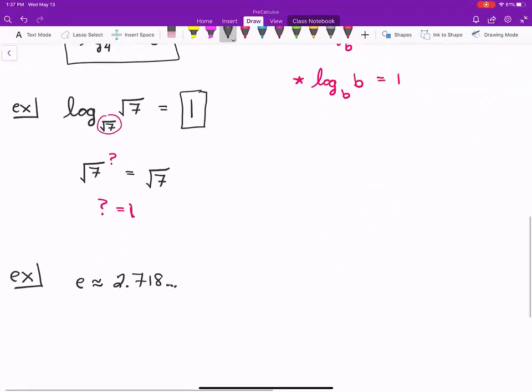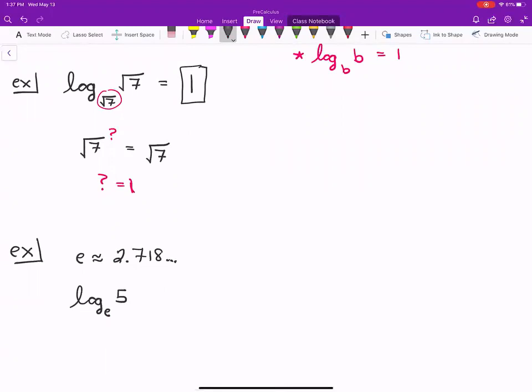So if I had a log with a base of e of, say, 5, then you can also write that as ln of just 5. So if you ever don't write the base of e and you want it to be understood that it's a base of e, that's where you write ln.